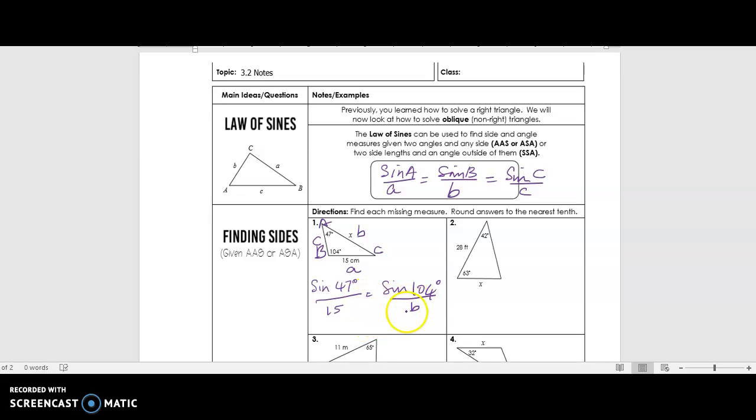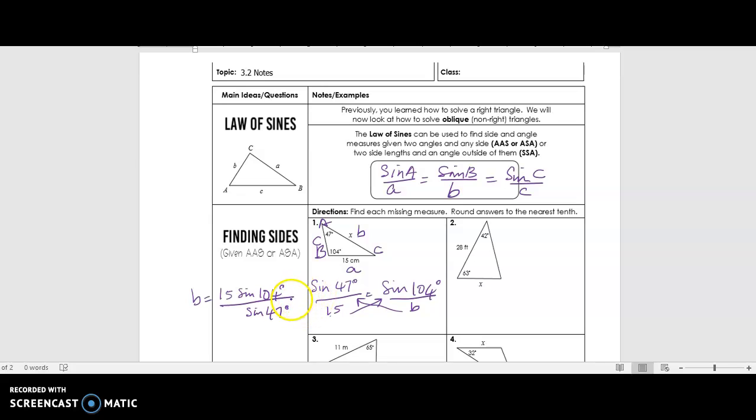When we cross multiply in a single step, b would be equal to 15 times sine 104 over sine 47. Now you just use the calculator.